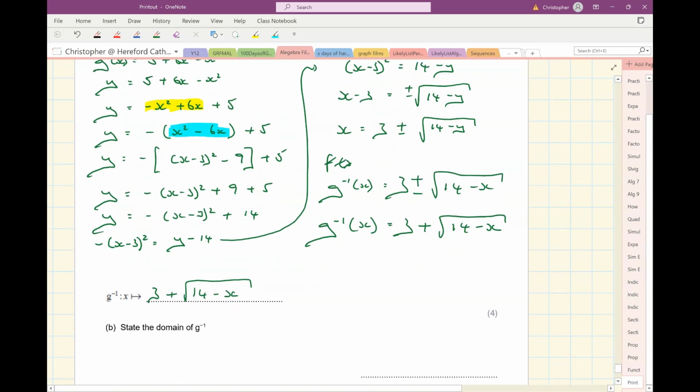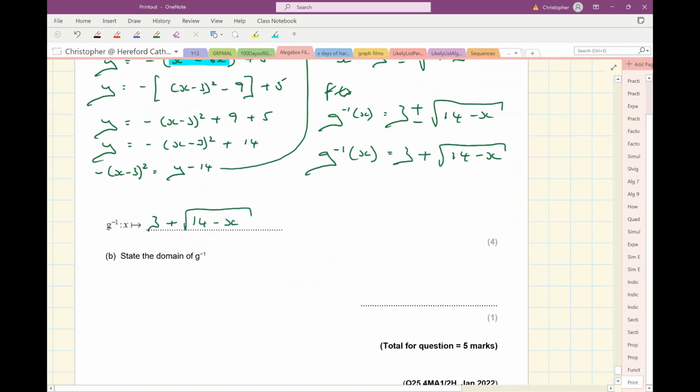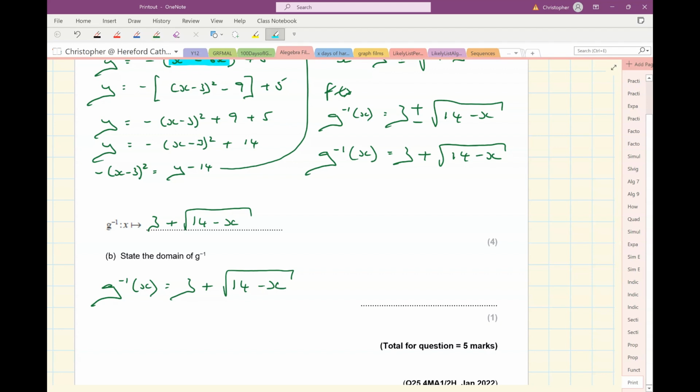Okay, state the domain of this inverse function. Right, now, here is the inverse function. And let's just have a think about what different values we could put into this function. The function will work with all values of x except when this is negative, because you can't take the square root of a negative.